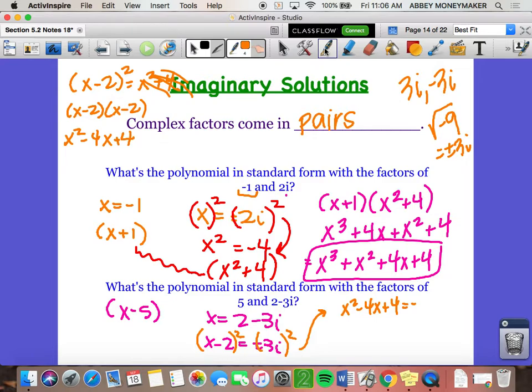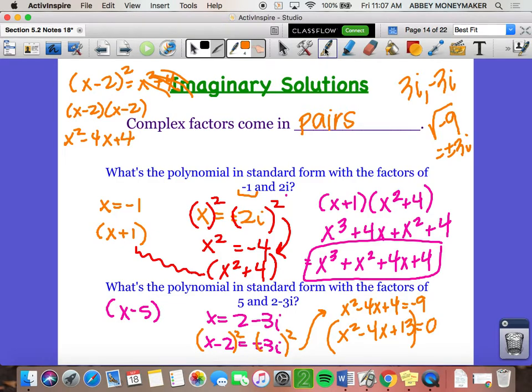It's also positive. So does that plus or minus really matter right now? No. What's 3i squared? Negative 9. Now, what do we need to do with that 9? Add it over. So you have x squared minus 4x plus 13 is equal to 0. There.